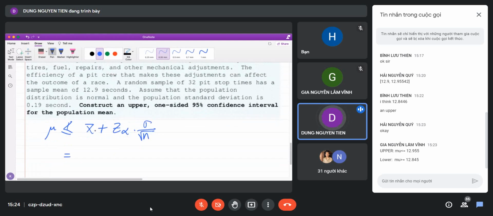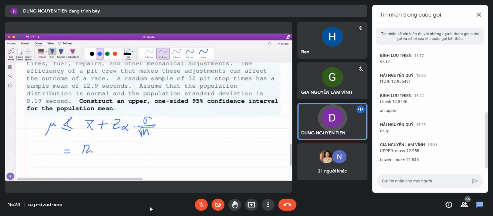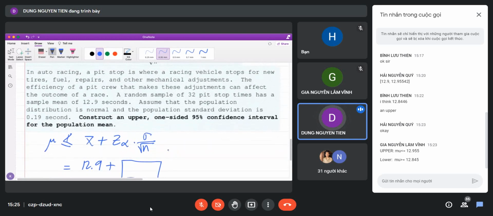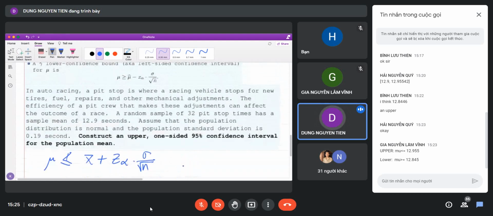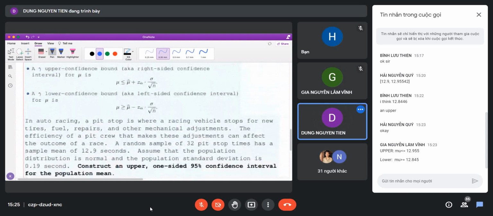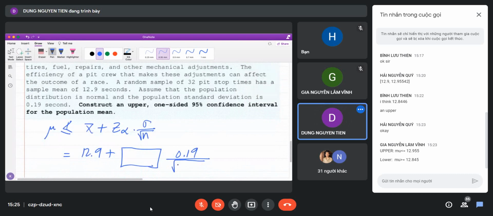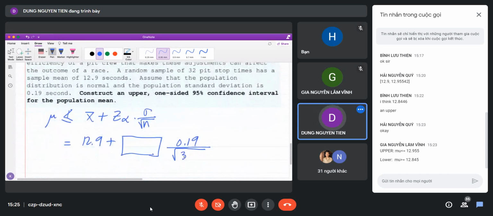And this becomes, what is x bar? You get 12.9 for the sample mean, the z value, all right? And sigma is simply 0.19, correct? Over the square root of n, and in this case n is 32.